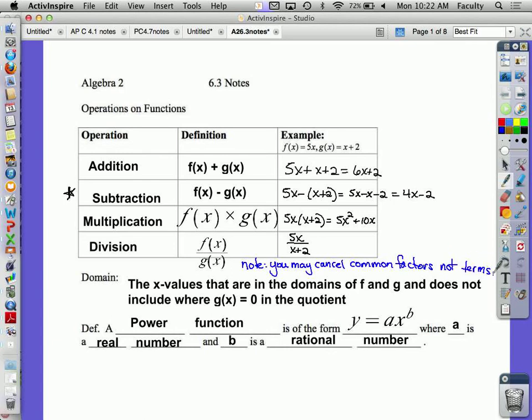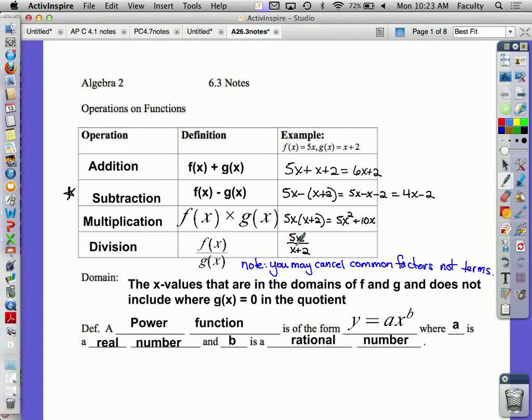Okay? You may cancel common factors, not terms. In the denominator of this fraction, the x is a term, so I can't cancel it with the x above it. Okay? All right, domain.